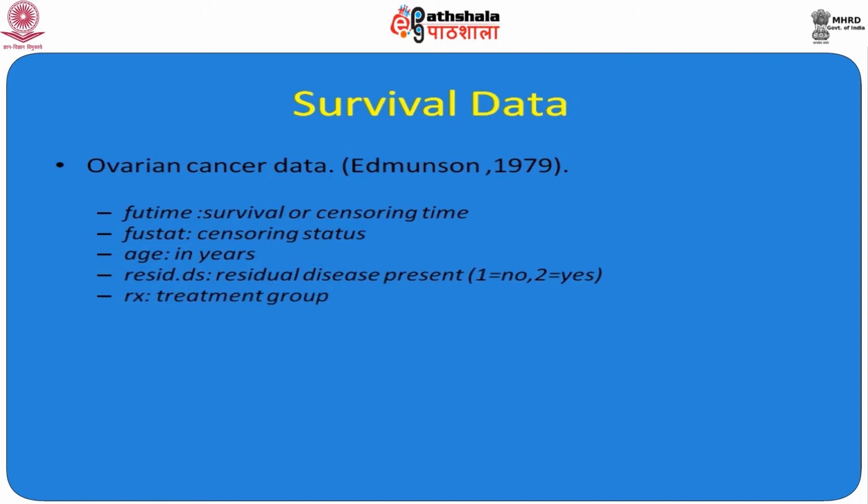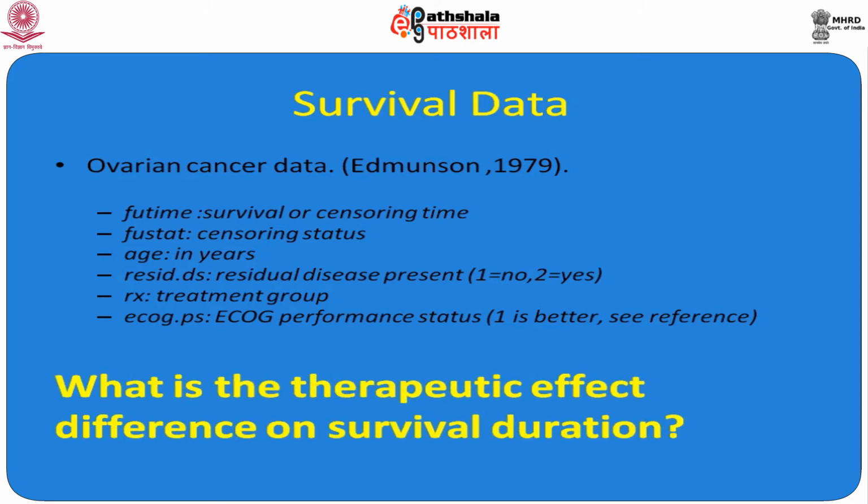The treatment group is given as RX, and again the ECOG performance status, whether better or not, is given for those patients. Again, we will attempt to study the therapeutic effect difference on survival durations through the Mantel-Haenszel test.